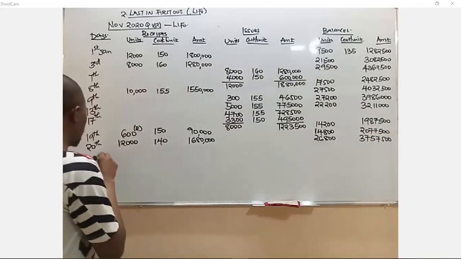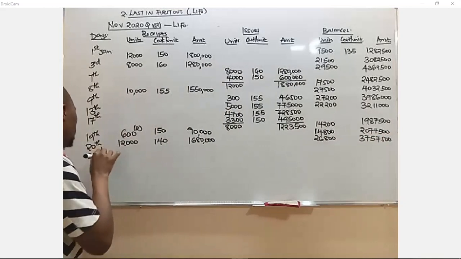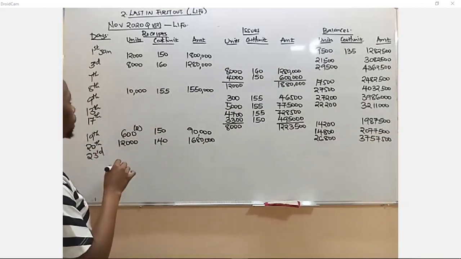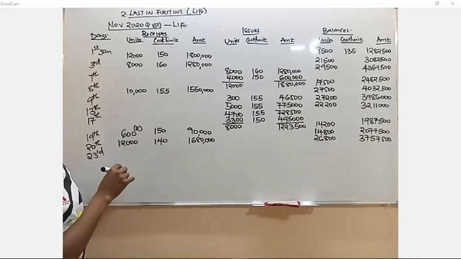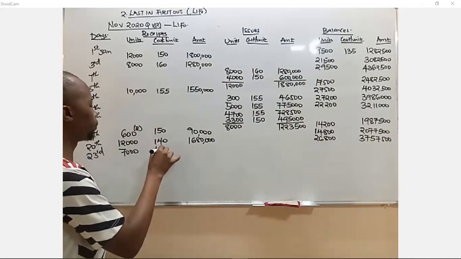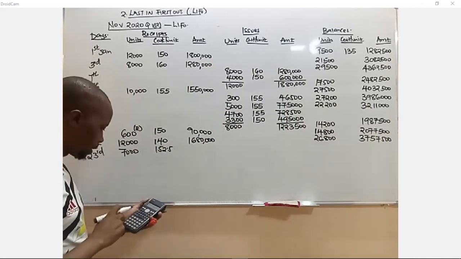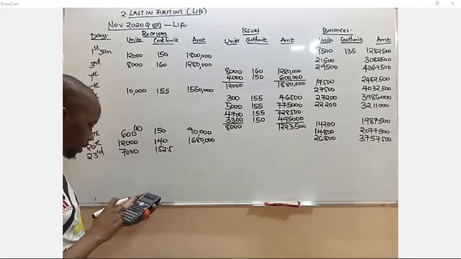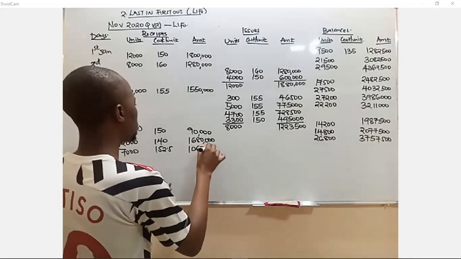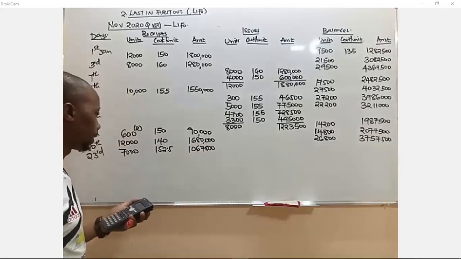After the 20th, we go to the 23rd. Just move very quickly. On the 23rd, we were able to purchase how many units? I can see we are being told 7,000 by 152.5. So 7,000 by 152.5, we are getting 1,067,500.